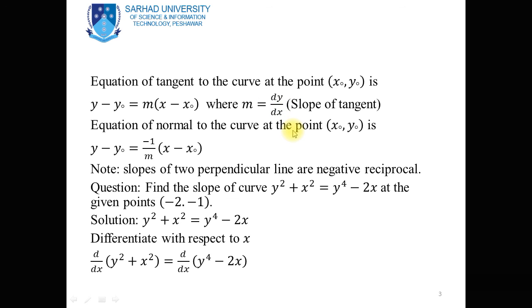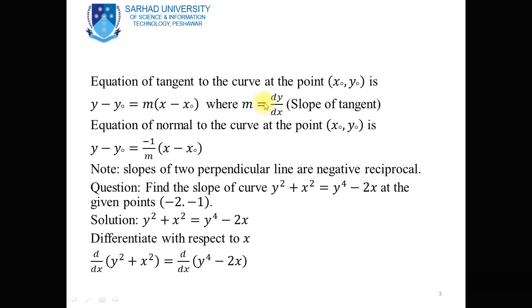So first of all, find the derivative. Most of the problems will be in implicit form. Whether the problem is in implicit form or explicit form, we simply calculate the derivative of the given function.